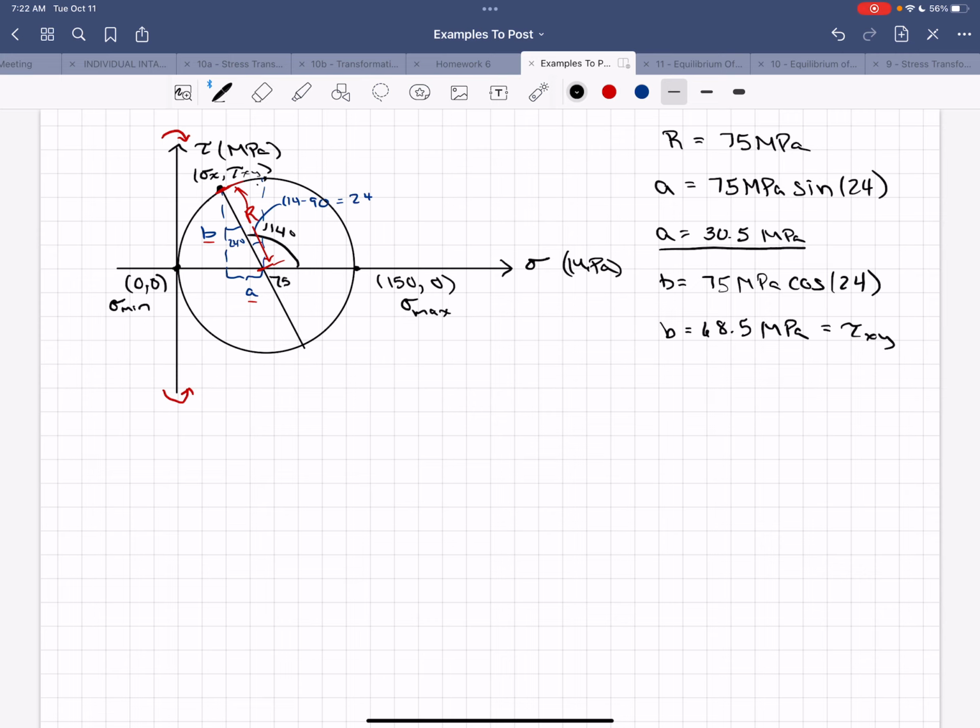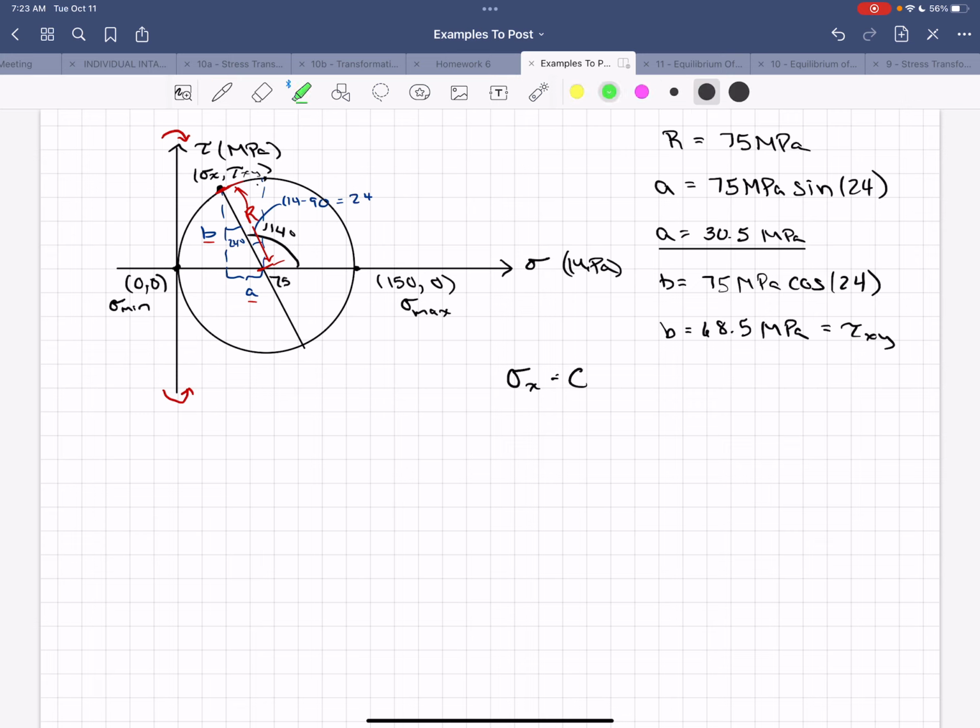To find the normal stress at that location, we have to do a little bit more math. To find what sigma x is, we have to take where the center is.